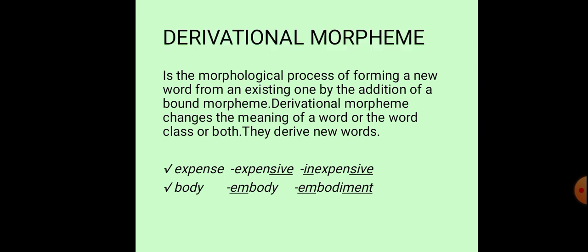Derivational morpheme is the morphological process of forming a new word from an existing one by the addition of a bound morpheme. Derivational morphemes change the meaning of a word or the word class or both. They derive new words. For instance, expense.